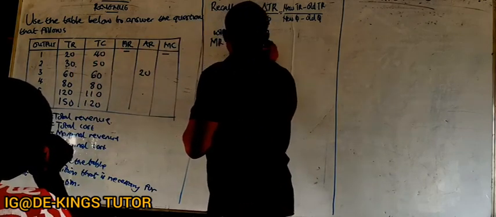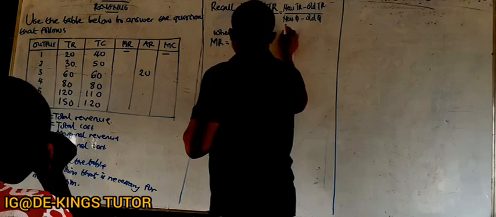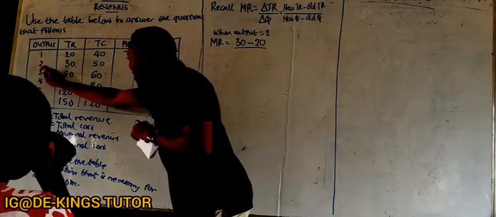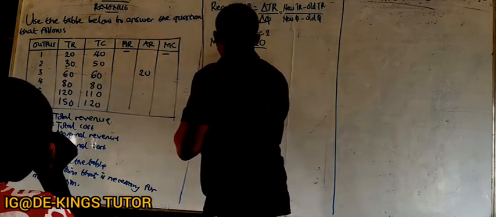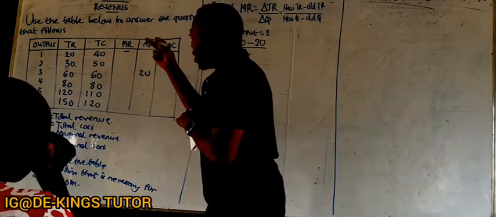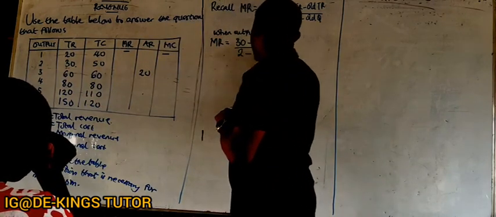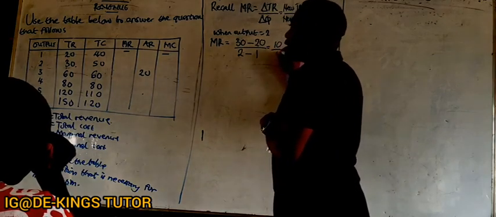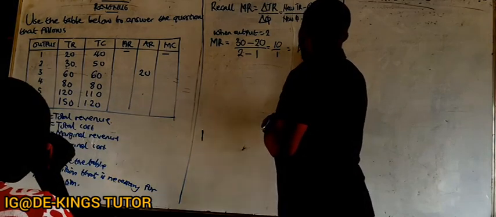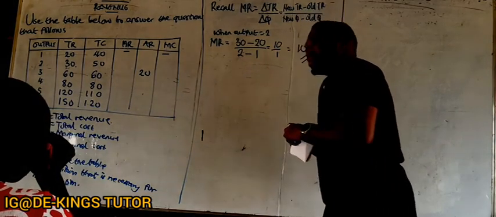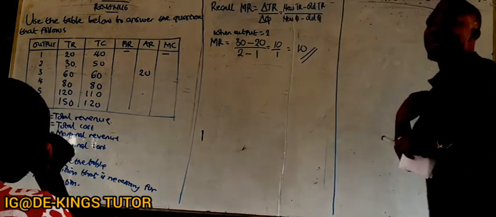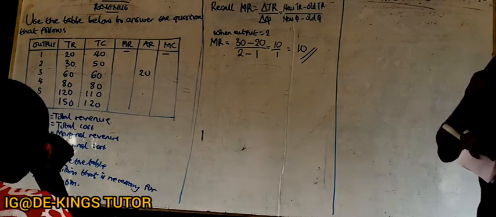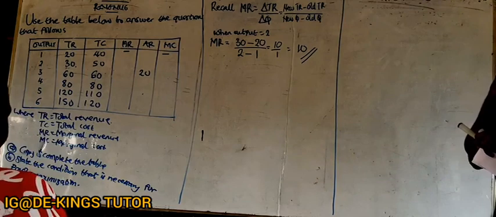So I have 30 minus 20 divided by the new quantity, which is 2, the current quantity, same thing as output, minus the old, which is 1. So I have 30 minus 20 is 10, over 2 minus 1. 10 over 1 is 10. So 10 is our marginal revenue when the output is 2.